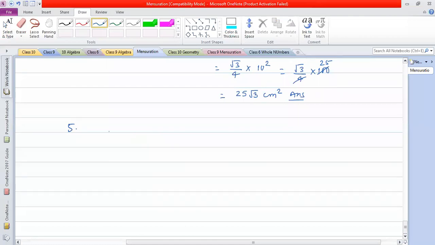It's very easy. Area of triangle is given. Area of triangle is 112 centimeter square. Base is also given. Base is 20 centimeter, and it said height equal to what? Very easy question.